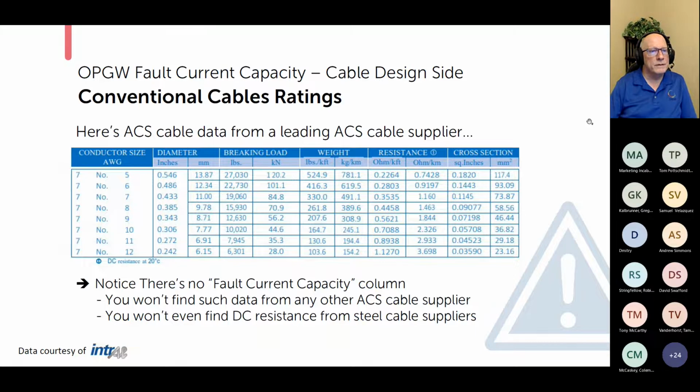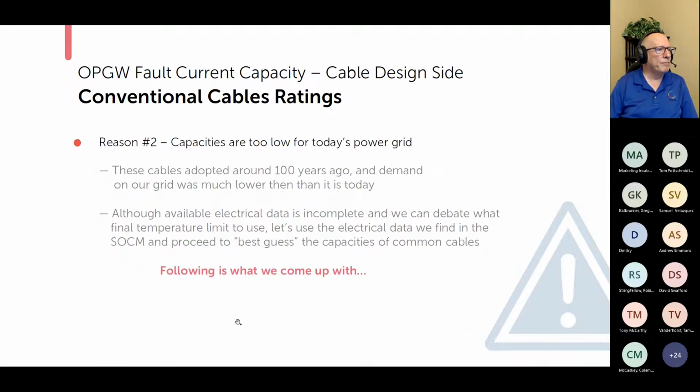And the big point is that there's no column here that says fault current capacity. And if you think that maybe that's just this supplier, what about the other suppliers? Well, I've looked. You can go look too. You won't find a fault current capacity column on anybody's data sheets. And if you look at the steel cable suppliers, you don't even get the DC resistance column. They don't even provide that. So that's a problem.